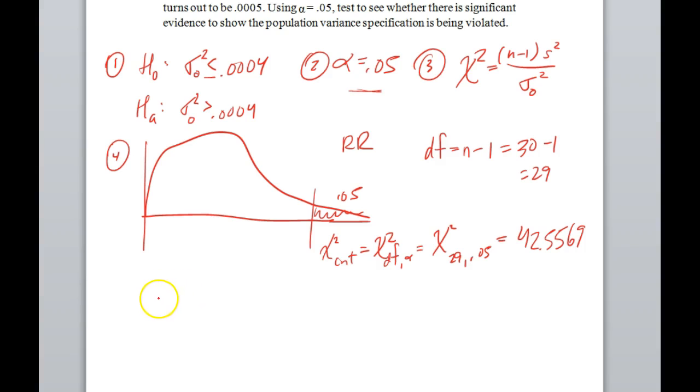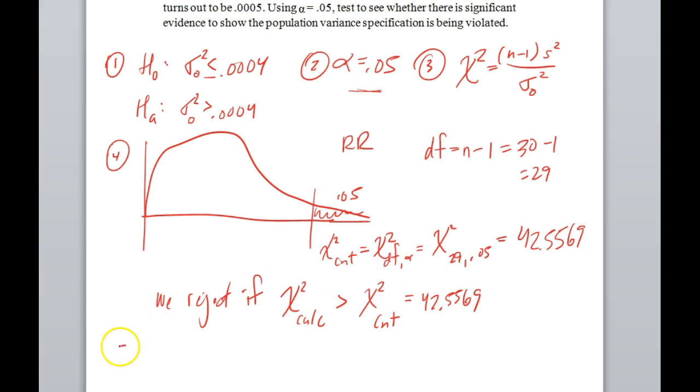We would say we reject if our chi-squared calc, which we haven't got yet, is greater than, we looked at HA for the greater than, our chi-squared crit, which is equal to 42.5569. So that's how we reject.